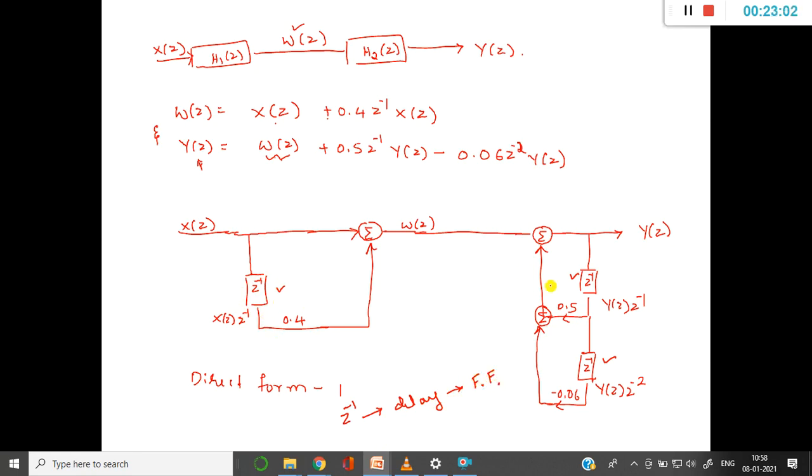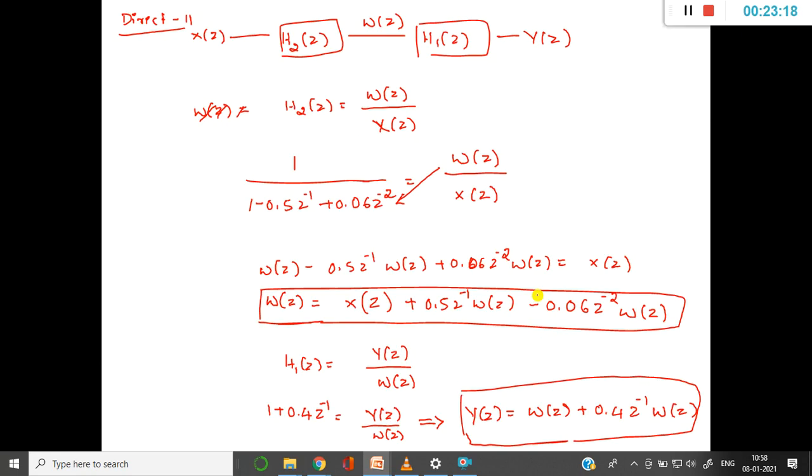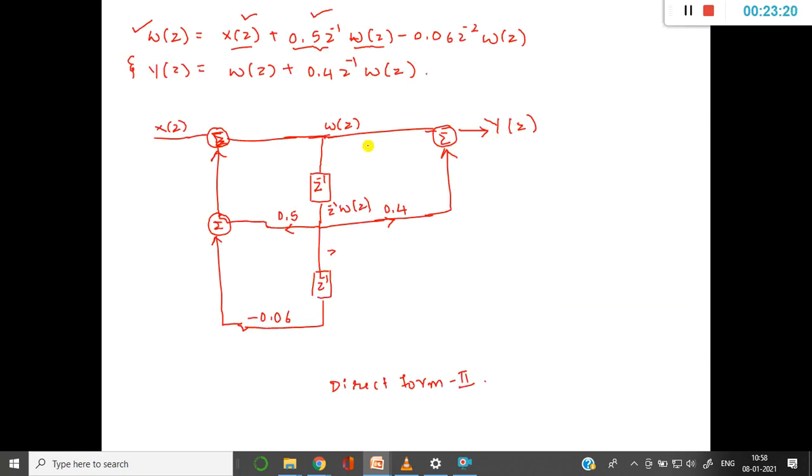So direct form 1 requires 3 flip-flops. First important point. How many adders? 1, 2, 3 adders. Now come to this one. Here also 3 adders, but look at the flip-flops. The number of flip-flops is reduced to 2 instead of 3.